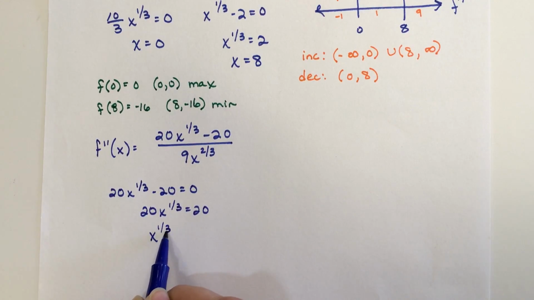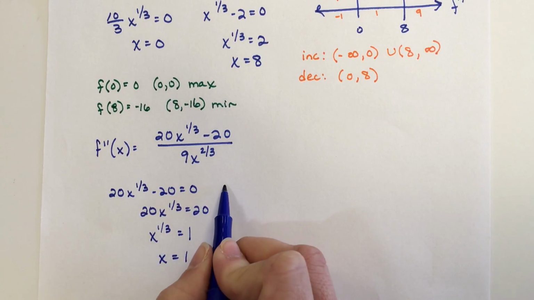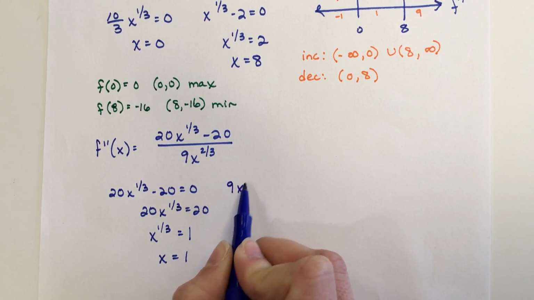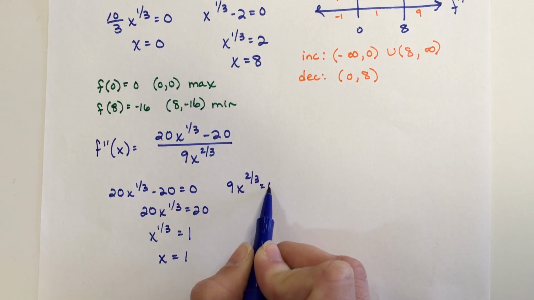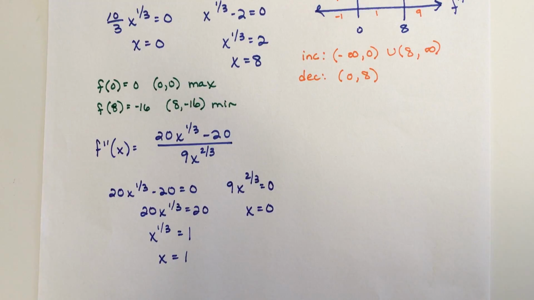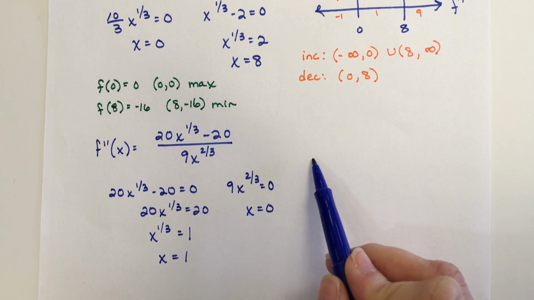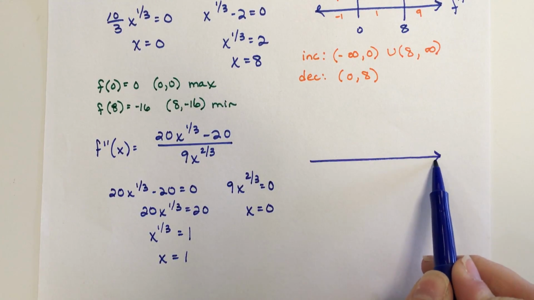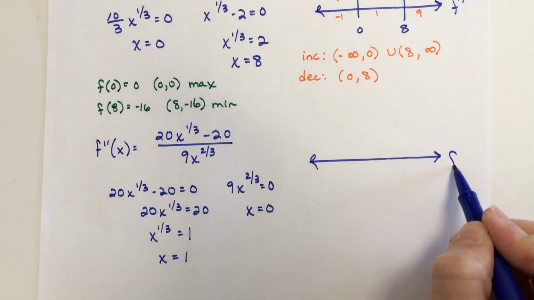So x to the 1/3 is equal to 1. Cube both sides, so of course 1 cubed is still just 1. And then if you take your 9x to the 2/3 equals 0, then you're going to end up with x equals 0. Okay, so those will be the values that we're going to use on the sign graph for our second derivative.